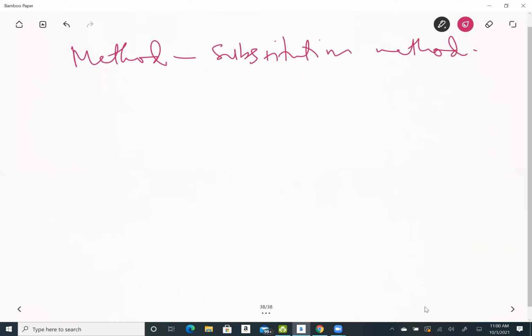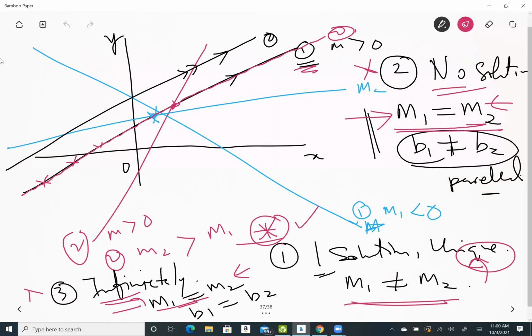Now, the method that we're going to use is, again, the substitution method. That means we substitute. You are given the two equations like what we were having earlier, equations 1 and 2.